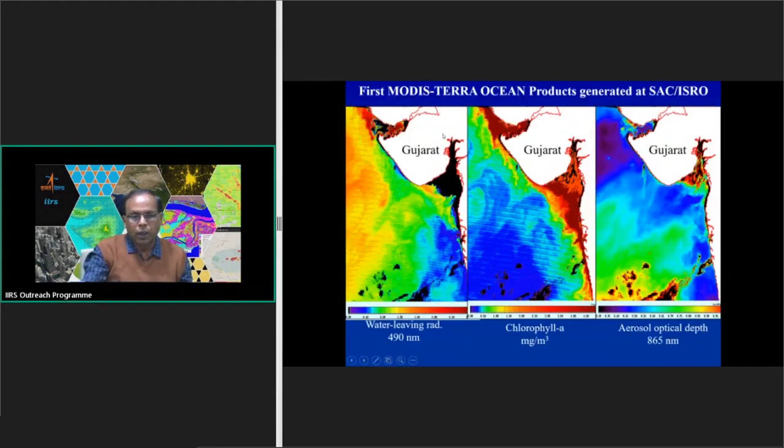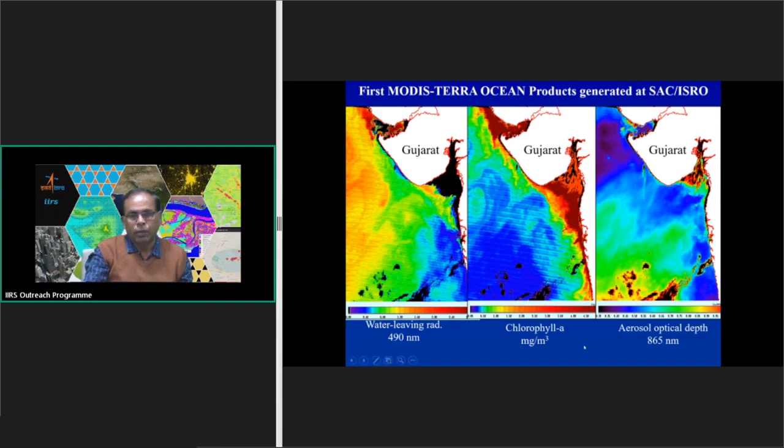And this is the MODIS Terra ocean product. That is, one product is water leaving radiance, LW, what we had earlier discussed, and then we have mapped chlorophyll concentration using an appropriate chlorophyll retrieval algorithm, and then this product shows the aerosol optical depth over the atmosphere. These products, water leaving radiance, can be used to derive not only chlorophyll concentration but also many geophysical parameters related to the marine environment.